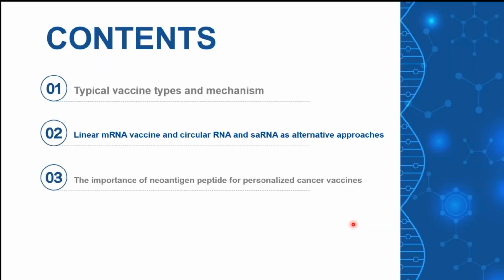Okay, we have understood the vaccine types and the mechanisms and pros and cons. Next, let's spend some time on mRNA vaccines because it's most popular recently. We're going to compare linear mRNA with the advanced ones, circular RNA and saRNA. So these two alternative approaches, we're going to compare them together.